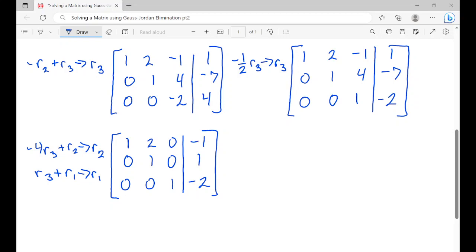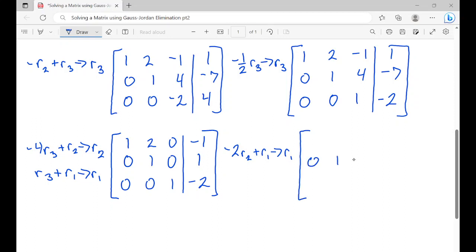So finally in the home stretch, just need to get this 2 to be a 0. So I'll multiply row 2 by a negative 2 and add it to row 1 to get my new row 1, and finally into reduced row echelon form. So negative 2 row 2 plus row 1 to give me a new row 1. So that means rows 2 and 3 stay the same.